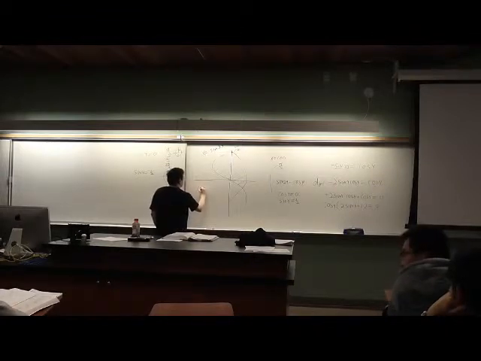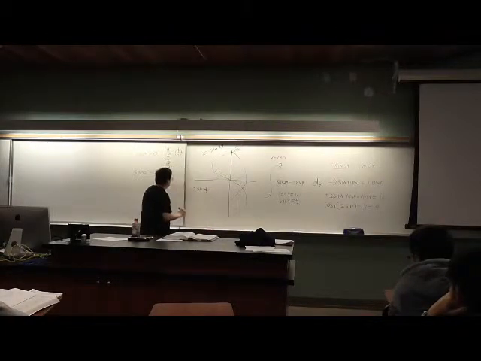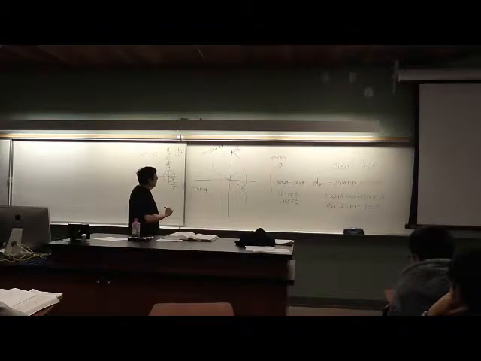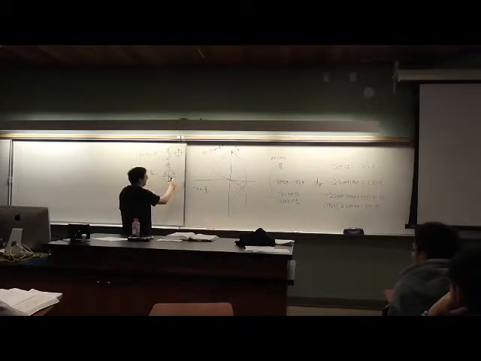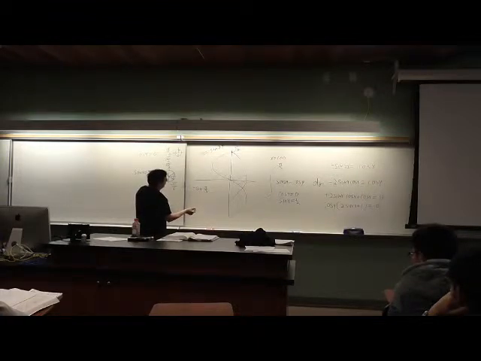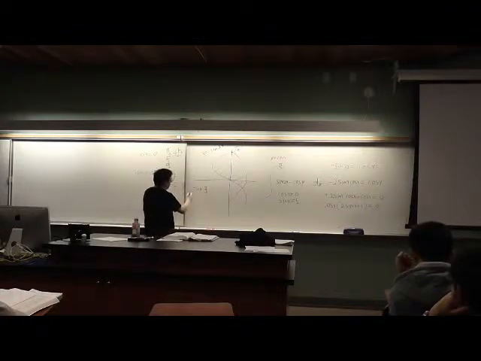So negative sine of negative pi over 6 times 2 is negative pi over 3. So what's sine of minus pi over 3? That's negative 1/2, right? Wait a minute. Negative 1/2. So this would be positive 1/2.